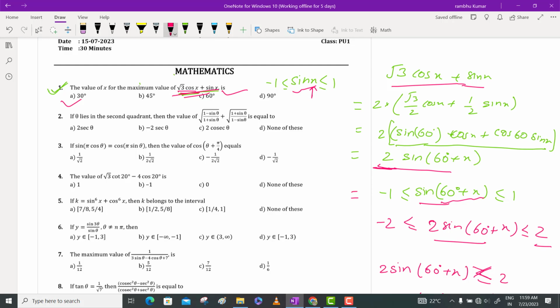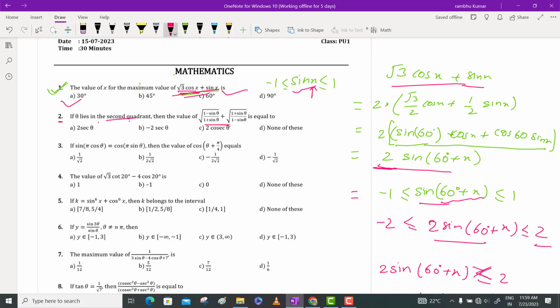Now going to the next question, question number 2. Here question number 2 we have, and it's saying if theta lies in the second quadrant and this is given to you, then find the value.